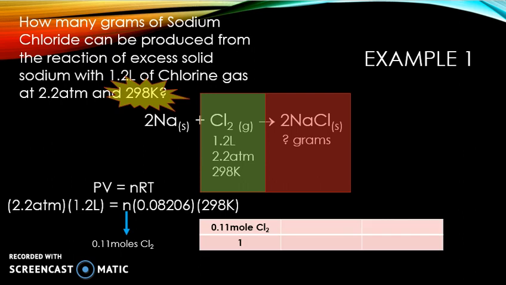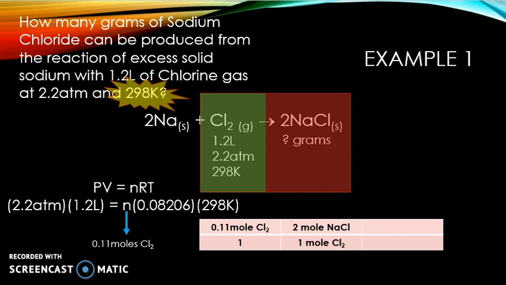So I'll take what I'm given and I'll put it over 1, and I'll apply my mole-to-mole ratio going from chlorine to NaCl. Moles chlorine on the bottom, moles NaCl on the top. My mole-to-mole ratio is 2 to 1. And now to finish the problem, all I need to do is convert from moles back into my usual measurement of grams for NaCl.